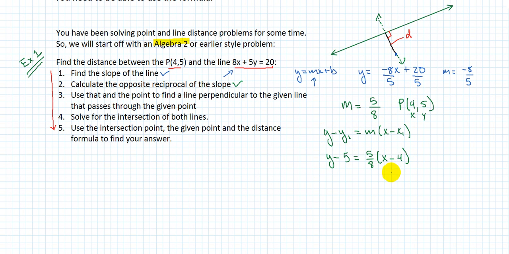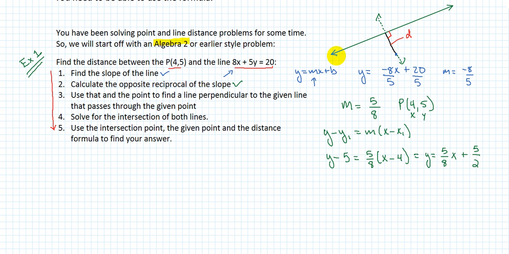Now I'm going to pause and you'll see the solution here, but you pretty much have to distribute the 5/8 through and then add 5 over. So hold on. Okay, so you should be able to see that now as y equals 5/8 x plus 5 over 2. Now that's the equation of that line right here.